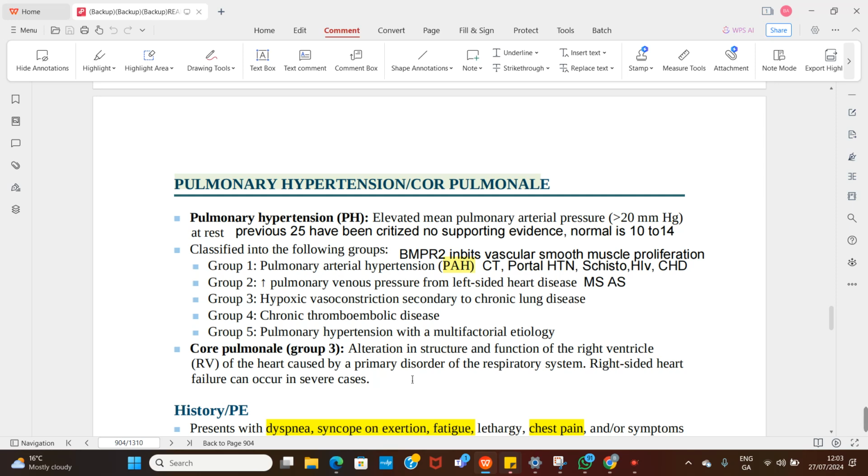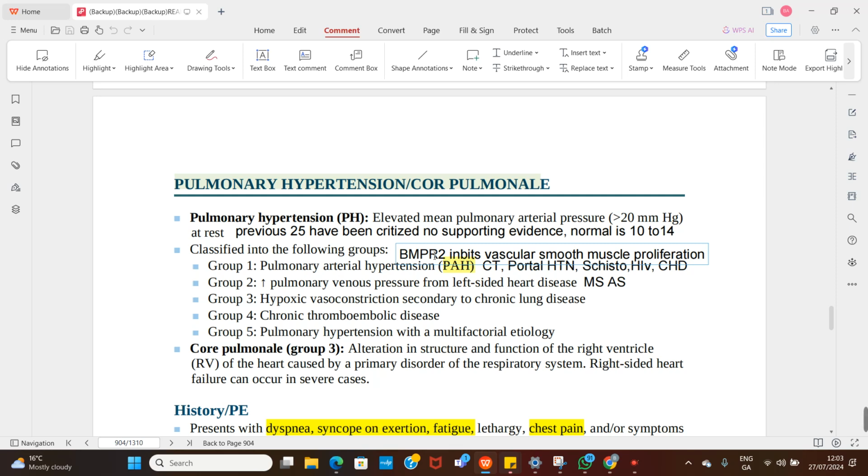Class 1 is when the etiology of the hypertension is due to problems within the pulmonary arterial system. So, the commonest one is the idiopathic pulmonary hypertension, which is due to the BMPR2 mutation. I'm sure we remember this from our step 1. And you have a mutation that is causing a loss of function of this BMPR2, bone morphogenetic protein receptor 2.